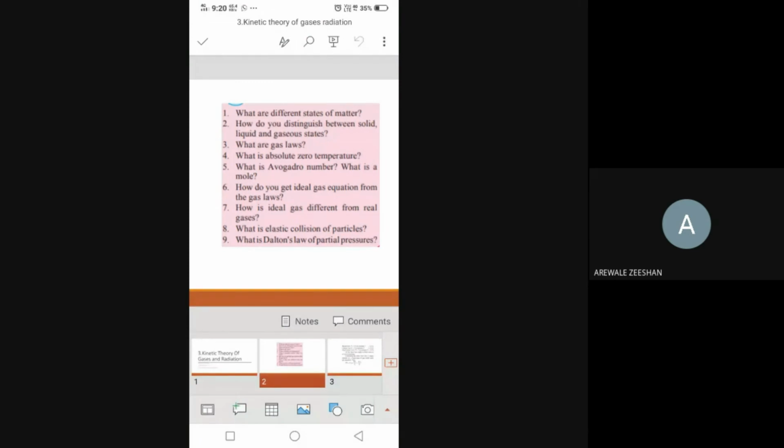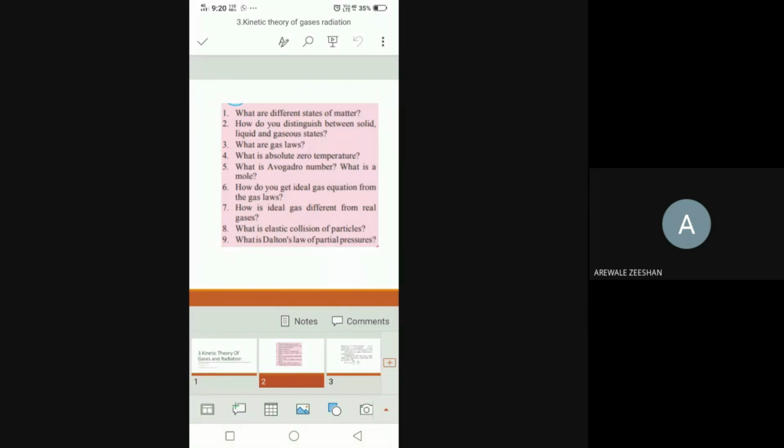The question is, what are gas laws? There are 3 laws. One is Boyle's law, second is Charles's law, and third is Gay-Lussac's law.